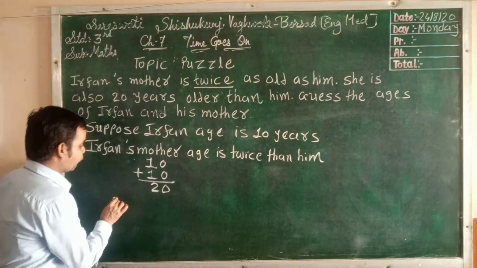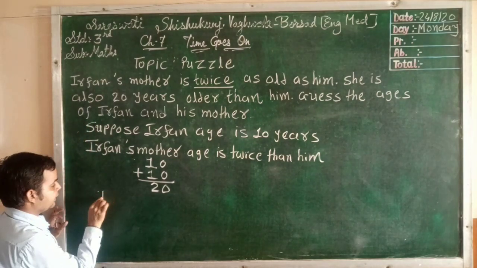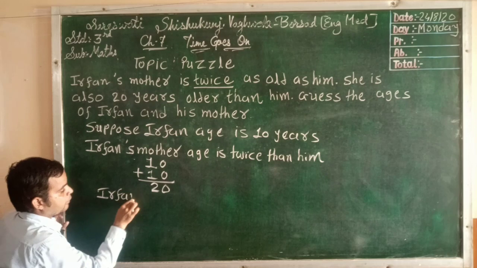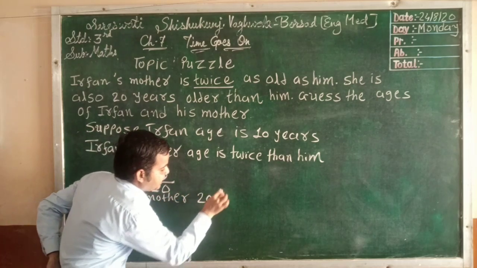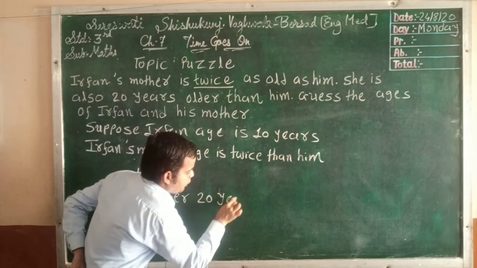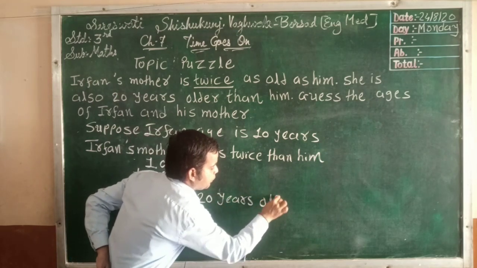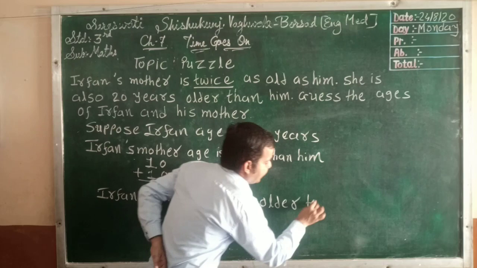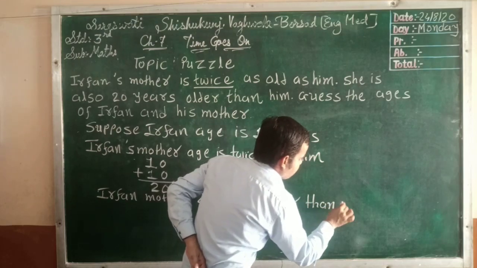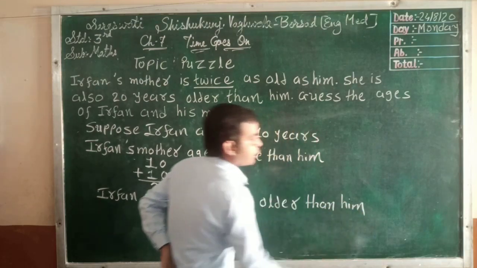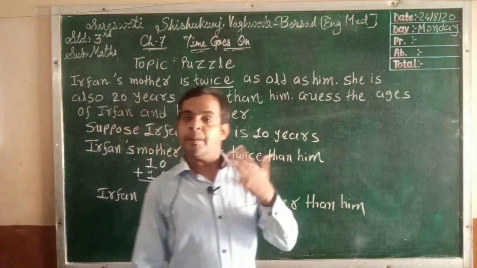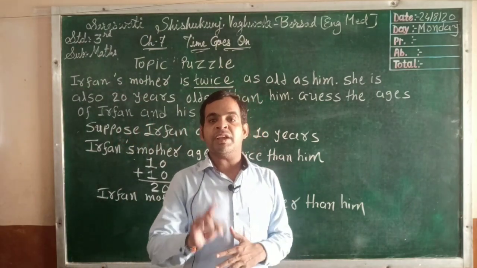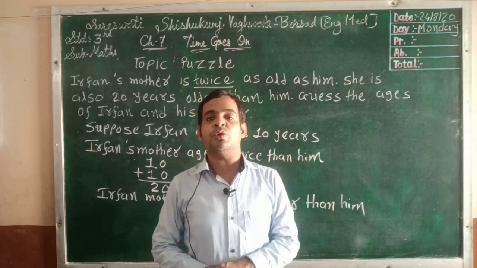So here Irfan's mother is 20 years older than him. Okay, so here if you notice, 20 years older means bigger. So if bigger, here we have to do addition.